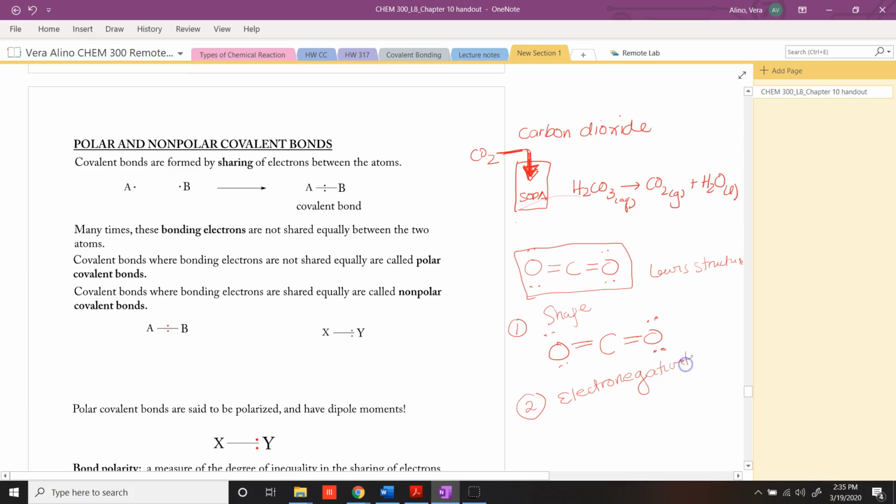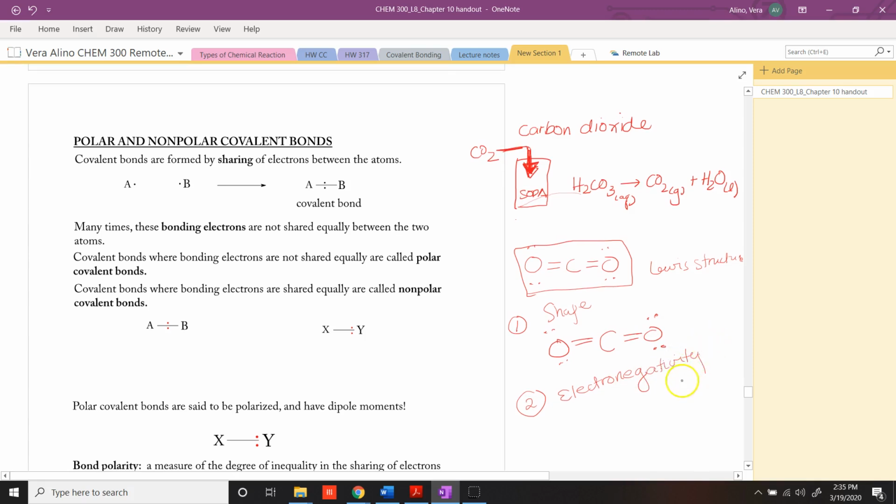Electronegativity is just a more technical term, but in layman's words, who is greedier? Here, carbon is loaning 2 electrons to oxygen. At the same time, it's also borrowing 2 electrons from oxygen. So this is a typical covalent bond. But who is keeping these electrons longer?